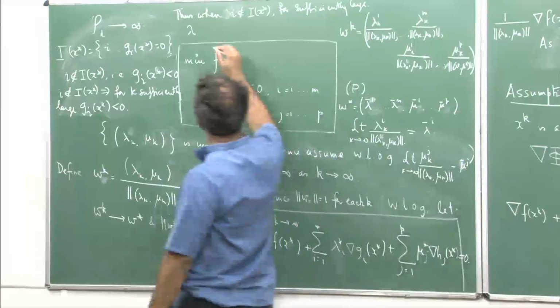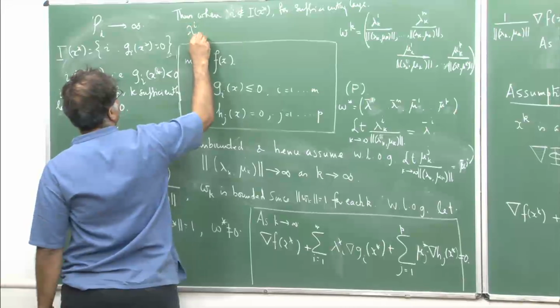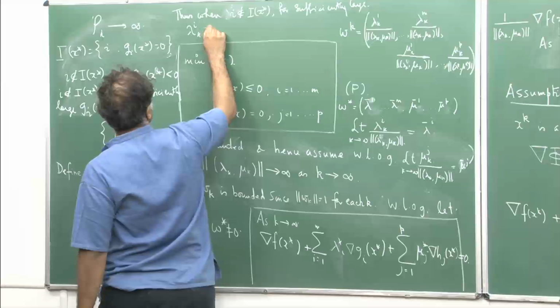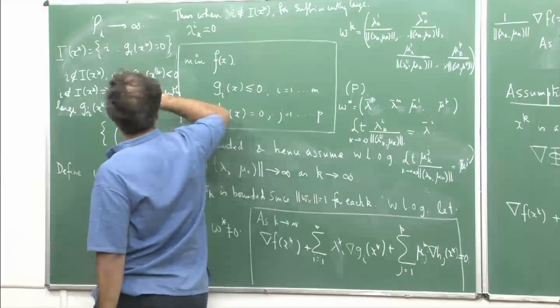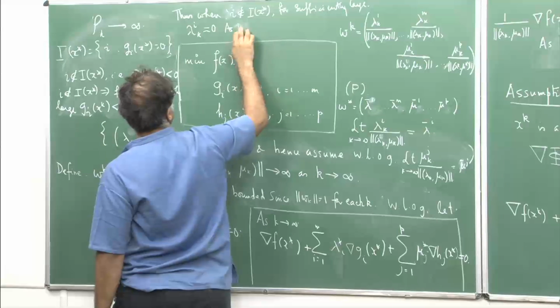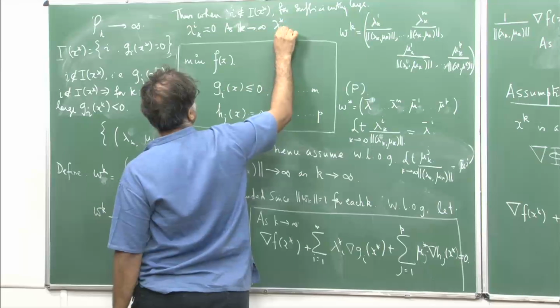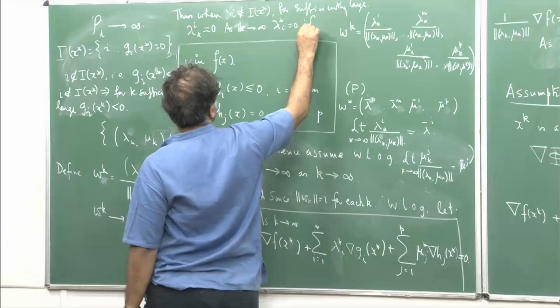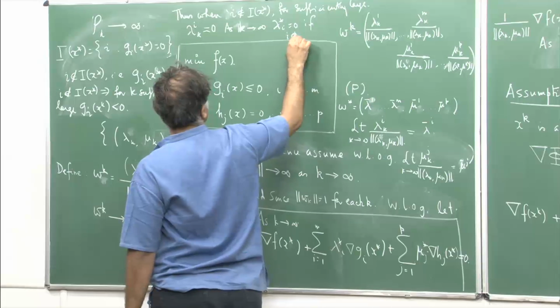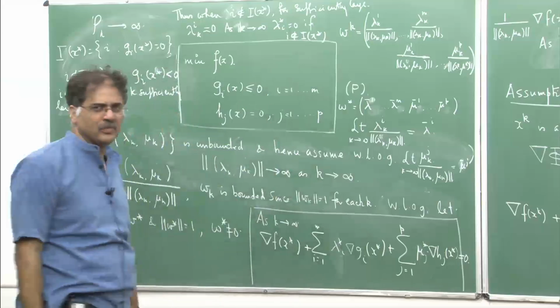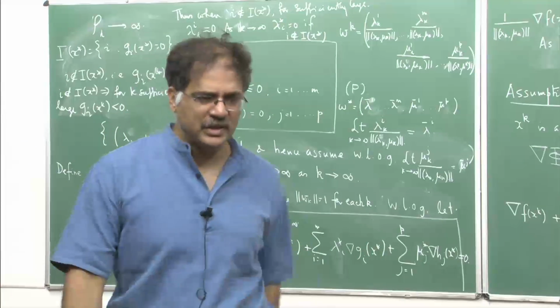We have lambda_i^k is equal to 0. As k tends to infinity, lambda*_i is equal to 0 if i is not an element of I(x*), and that would give you the complementary slackness condition.